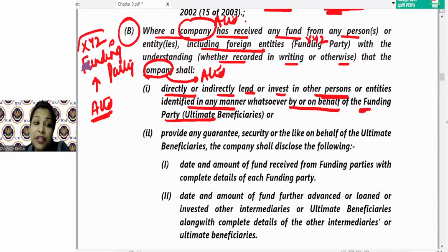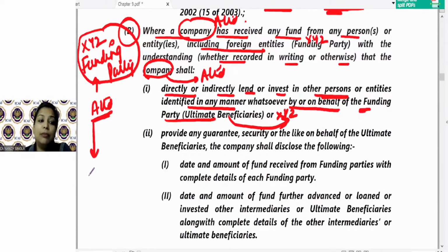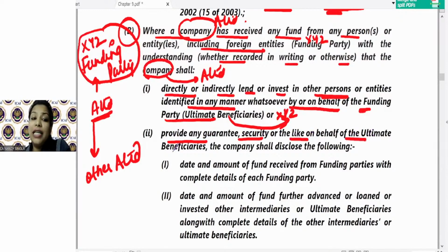Now who has become the ultimate beneficiary? XYZ Limited. Okay, in other persons, who is going to invest? Now A Limited. And this funding party can be a foreign entity also, or provide any guarantee, security or the like on behalf of the ultimate beneficiary. Meaning, if any guarantee or security has to be given on behalf of XYZ Limited, then the company, who is our company?